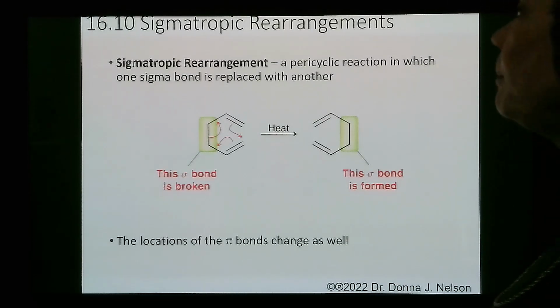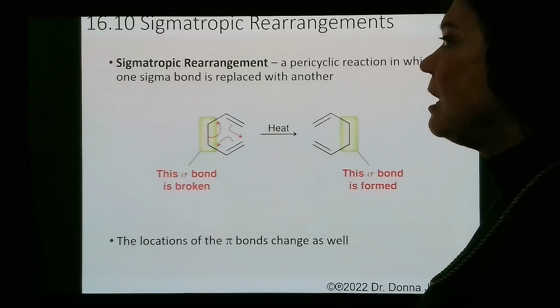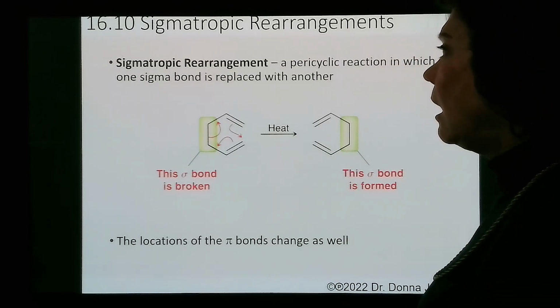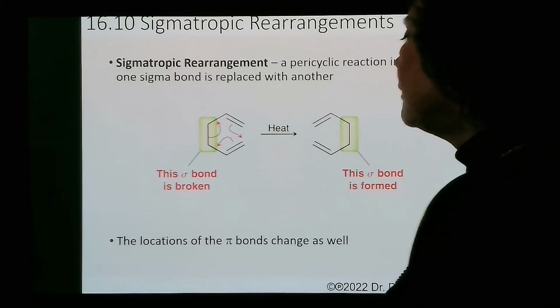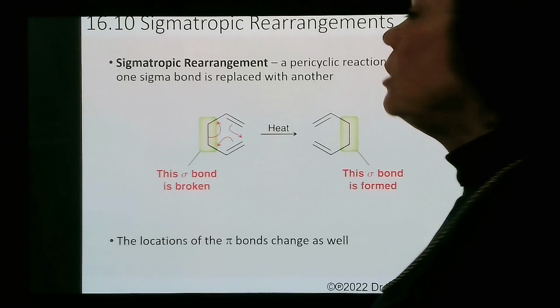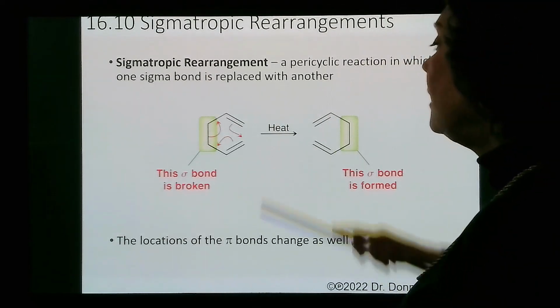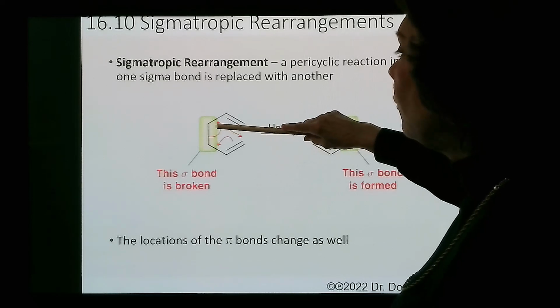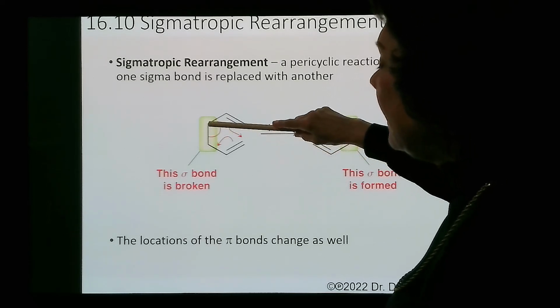Now, sigmatropic rearrangements are the third of the 3 types of pericyclic reactions that we are going to discuss. And here you can see what a sigmatropic rearrangement is.